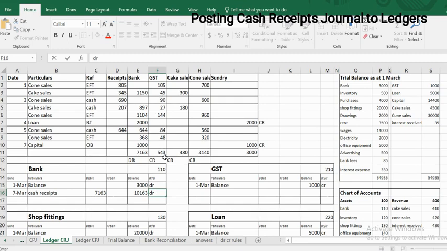If I look at the GST, I'm going to post that now. It's 543 and it goes in the credit column. So over here, I'm going to put my 543 in. Once again, the date is going to be 7th of March. Now, for all other ledger accounts except for bank, in the particulars, we use bank. So bank will have cash receipts and cash payments.